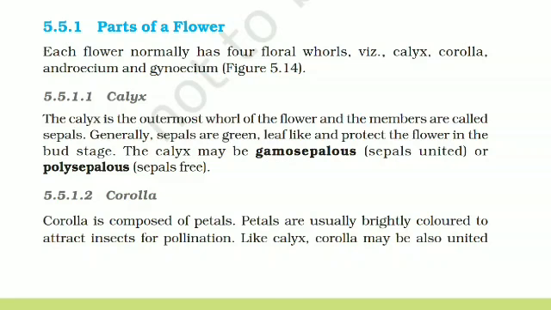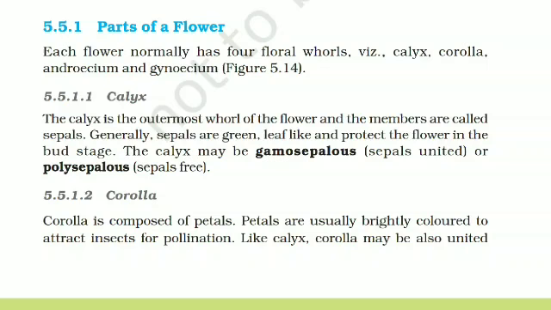What about the corolla? It is the next part of the flower, and the most attractive part of the flower. Corolla is composed of petals. Petals are usually brightly colored to attract the insects for pollination. Like the calyx, the petals may be united or free.